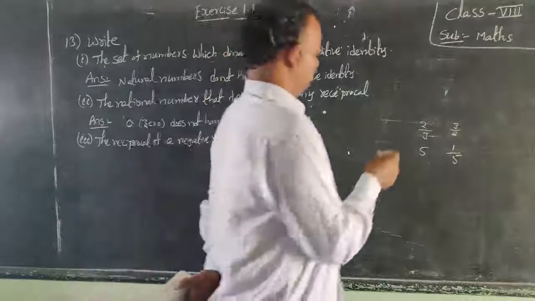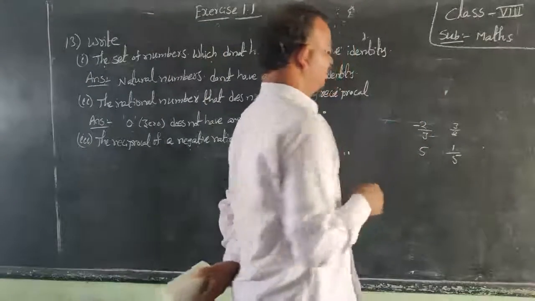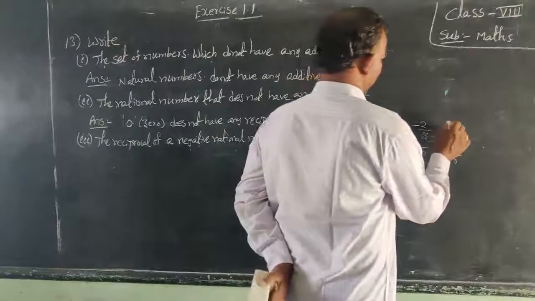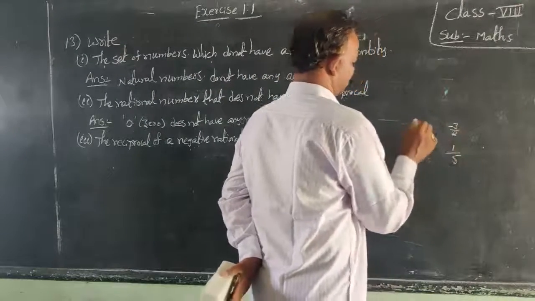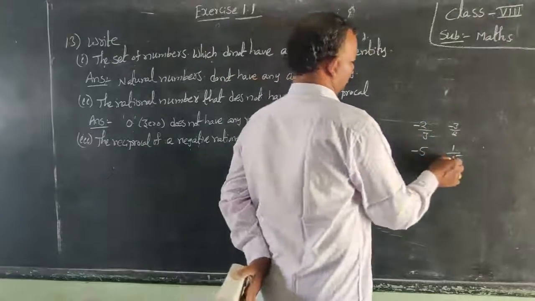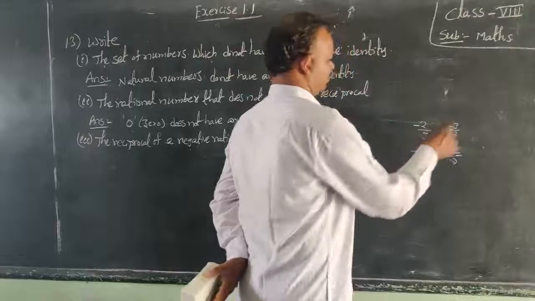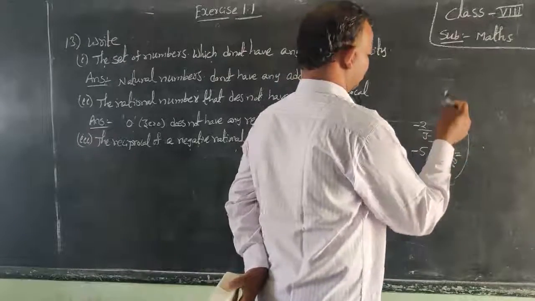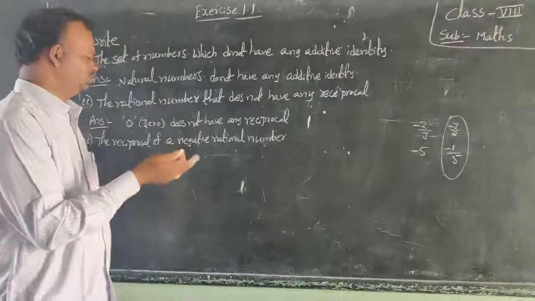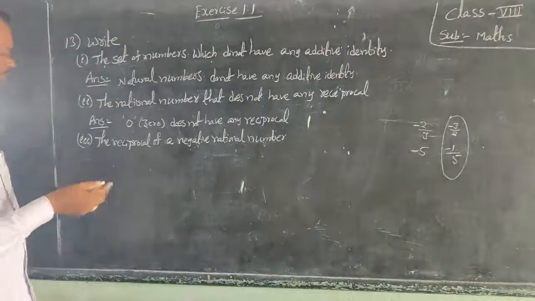That means the reciprocal of minus 2 by 3 is minus 3 by 2. Reciprocal of minus 5, that means 1 by minus 5, that is equal to minus 1 by 5. That means these numbers are negative. So the reciprocal of any negative rational number is a negative value.